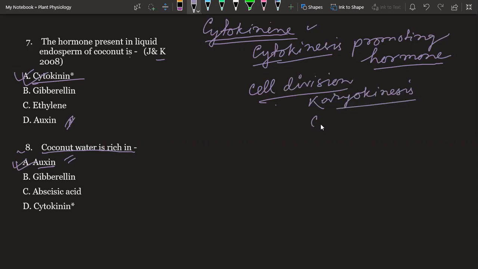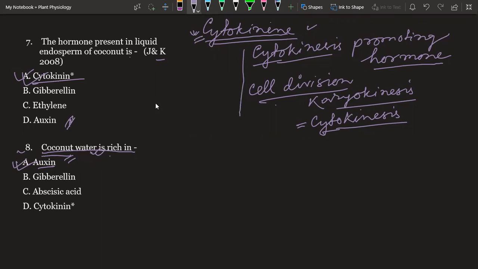After that, there is cytokinesis, the division of the cell cytoplasm. By this cytokinesis, one cell divides into two. So this hormone initiates or promotes cell division, and in this way it induces the growth of the plant. This was found very rich in coconut water.